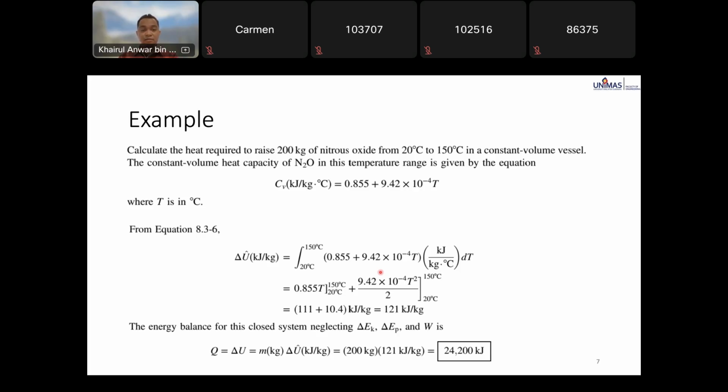The constant volume heat capacity of nitrous oxide in this temperature range is provided by the equation CV equal to 0.855 plus 9.42 times 10 to the power of negative 4 T.